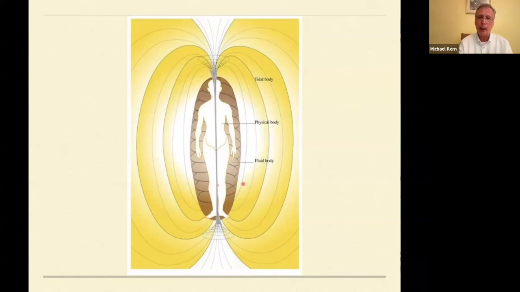The mid-tide is a wider field of function, sometimes called the fluid body. It includes the physical body. It includes, as I say, all the fluids, the tissues, and the organs within the body. But it also includes the field immediately around the body, the potency field around the body.